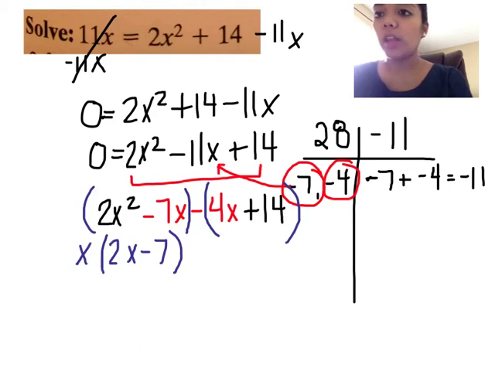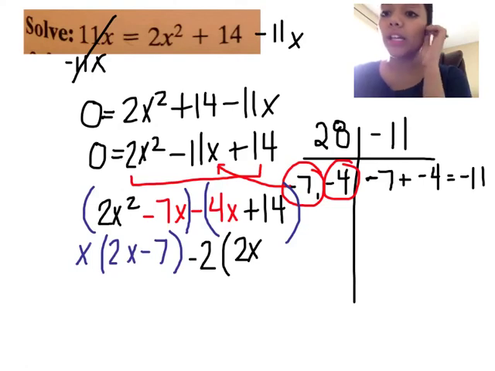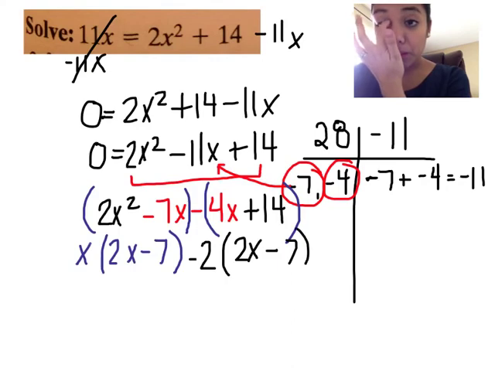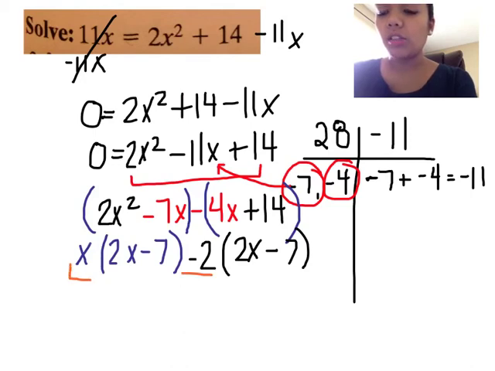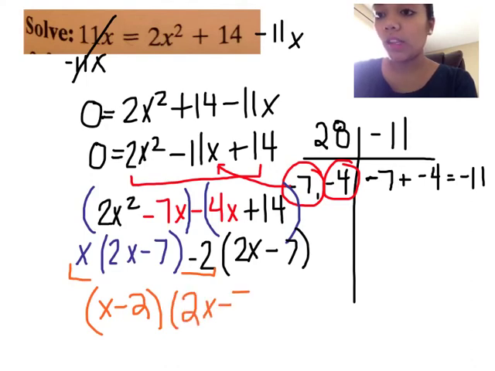So inside right here, I'll be left with 2x, and then this plus is going to change to negative because I'm dividing by negative, so minus 7. So then I have to combine: x minus 2 times 2x minus 7. And then now I have equals 0.